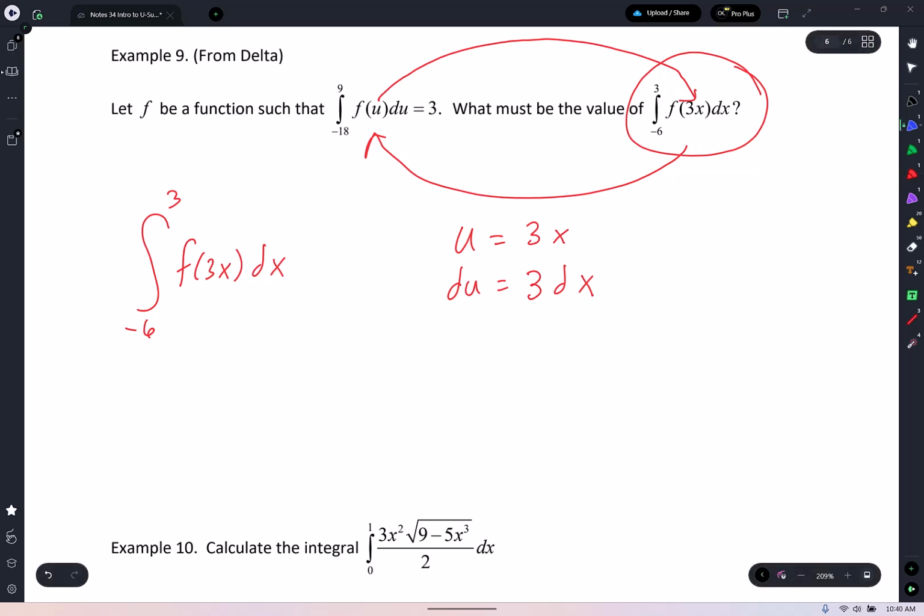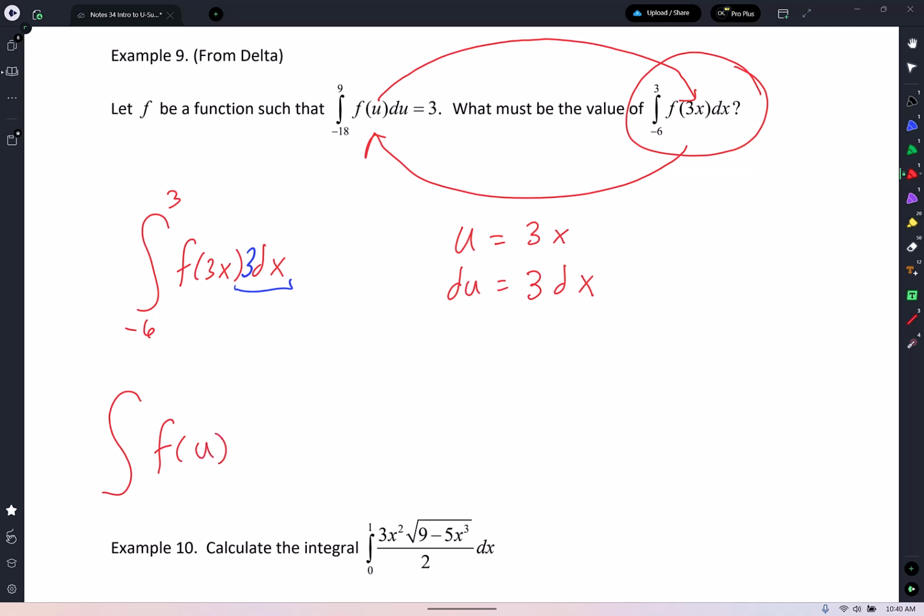You can put the 3 in front of the f of 3x, but I'm going to put it right here because we're rookies. That 3 dx is just du. So I'm going to start rewriting: integral, I know I'm going to have u limits, f of u du. Okay, catch up to here. Does everyone know what we're doing?